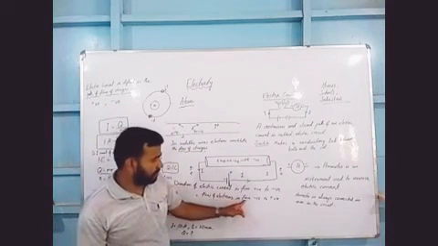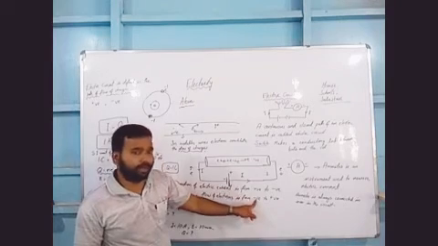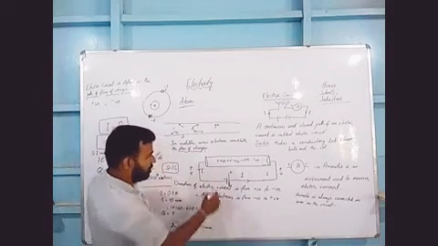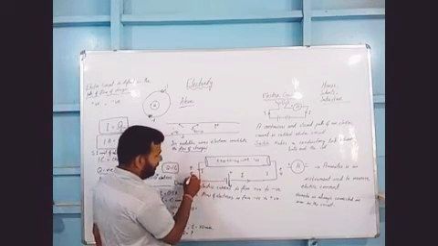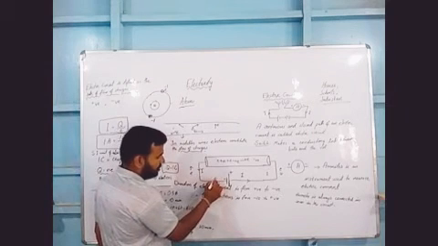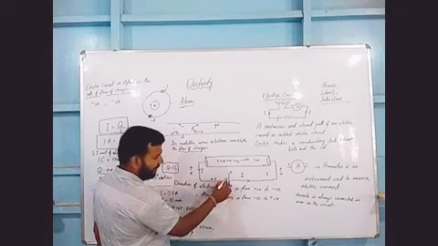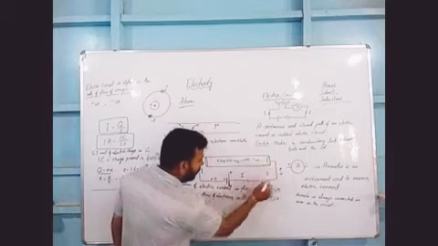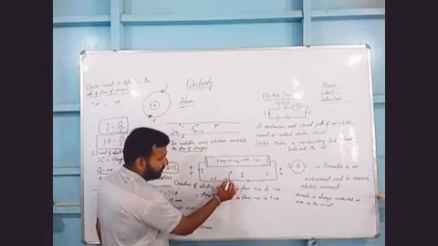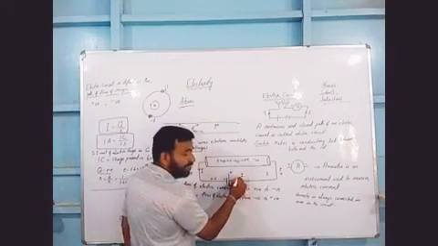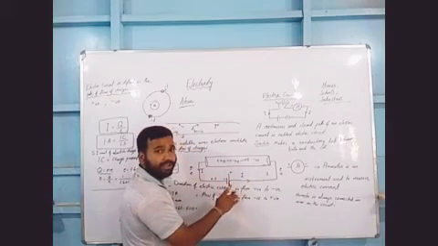Always remember that the flow of electrons is always from the negative terminal to the positive terminal, but for the direction of electric current we follow the previous notion: from the positive terminal to the negative terminal.